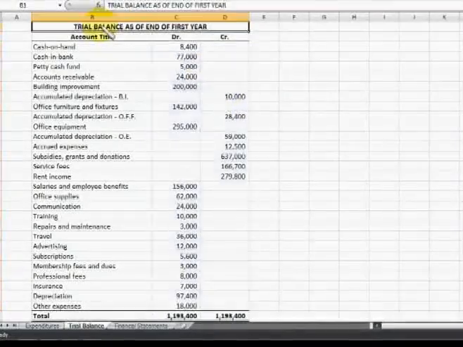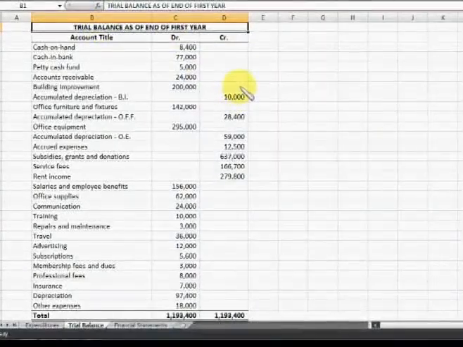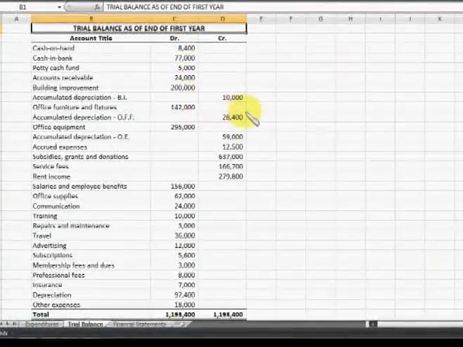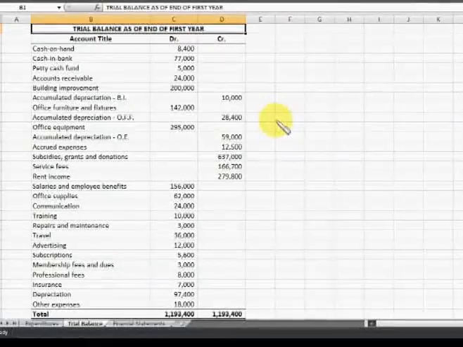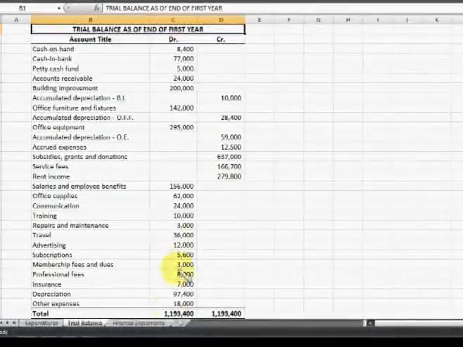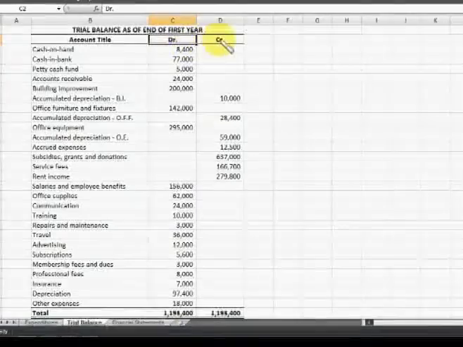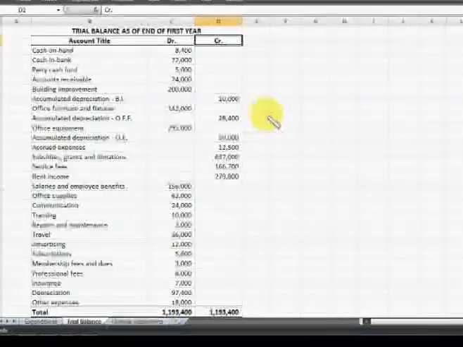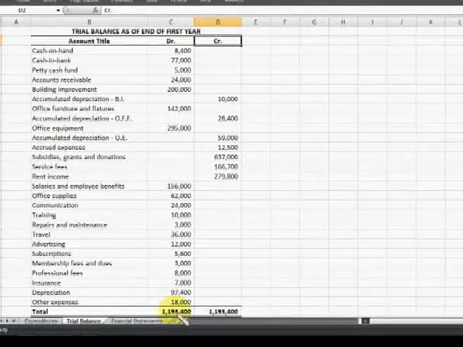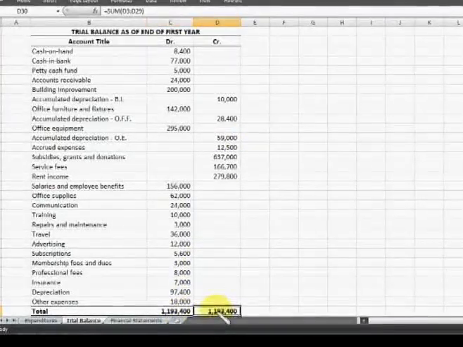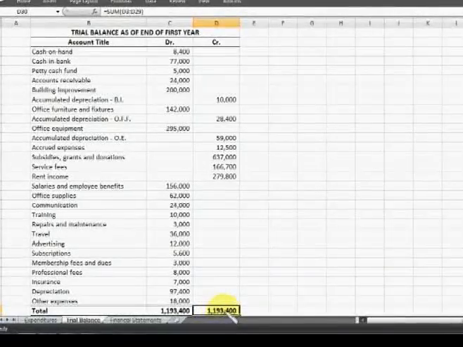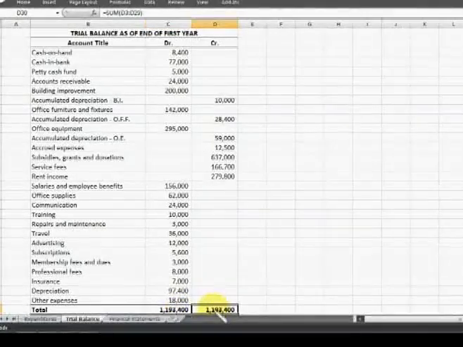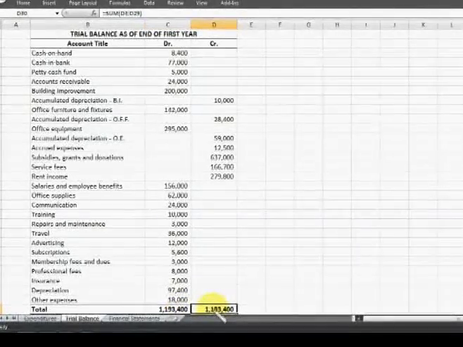The trial balance, which states or reflects the balances from the general ledger, in effect tests or determines the equality between the debit and the credit amounts posted in the general ledger. In this case, the trial balance confirms that there is indeed an equality between the debits and the credits in the general ledger.